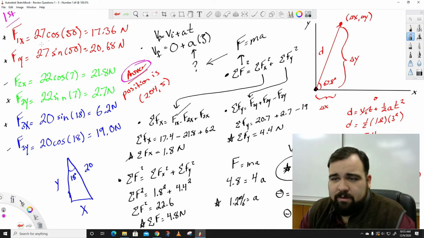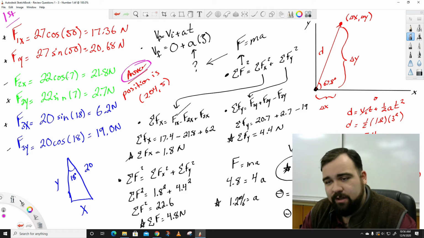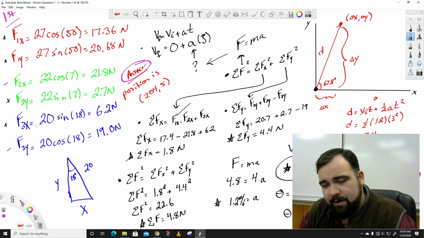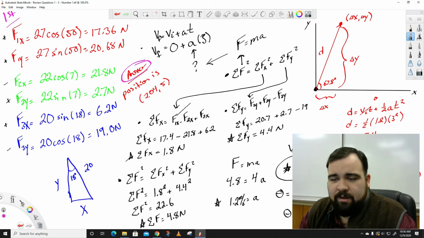Now for x, for F1, I'm going to say that's the one in the top right quadrant, you're going to be using the cosine function for x, the sine function for y. F2, again cosine x, sine y, because those angles are measured off of the x-axis. But for the other one, the angle of 18 degrees, that's off the negative y-axis.